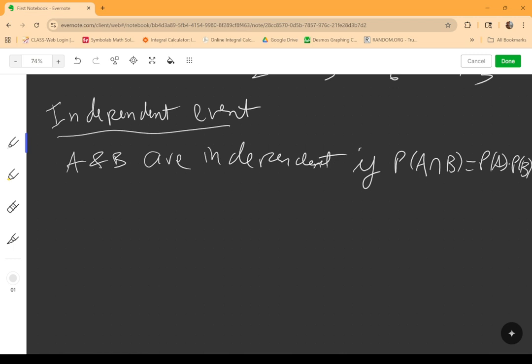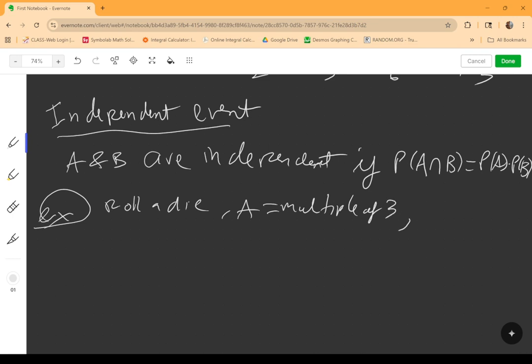Right? So, for example, let's say we're talking about rolling a die. Roll a die, and we'll call event A, you get a multiple of 3. And flip a coin, B, you flip a heads.